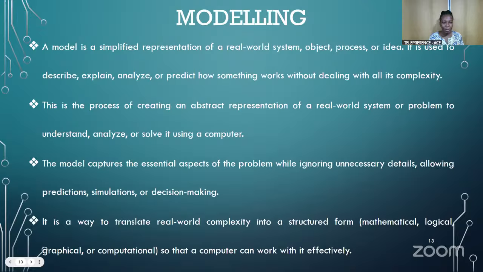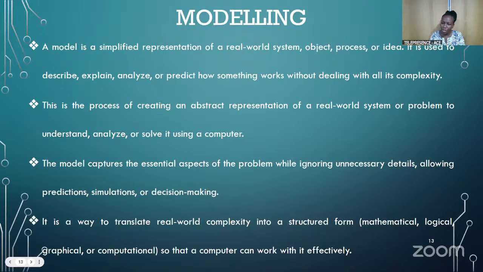So when you're talking about a model, it captures only the essential aspects of a particular problem and ignores unnecessary details. It's a way to translate real world complexity into a structured form. So models are very, very important. Like now, we all know toy cars. Now you want to build a car, you can just give a prototype, a model, something small.